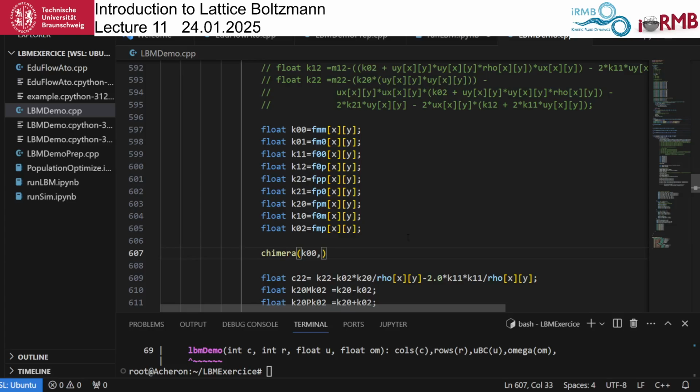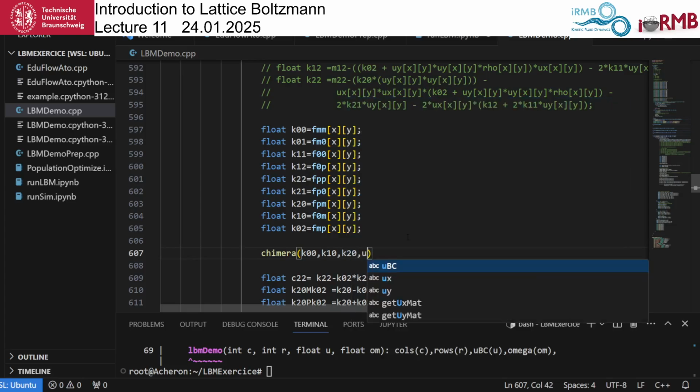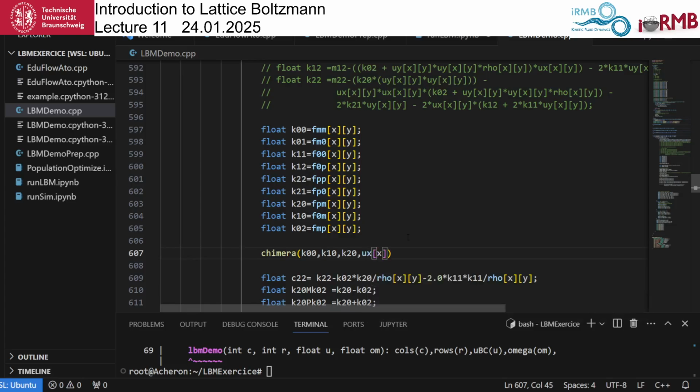So we have k 0, 0, k 1, 0, and k 2, 0, right? And then we'll have ux at our local position. So this does the Chimera transform here for all the values with the y direction being 0.